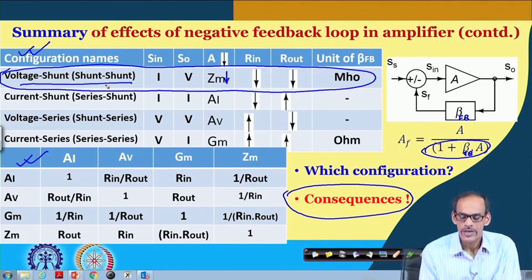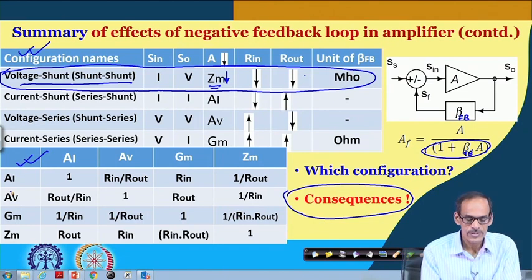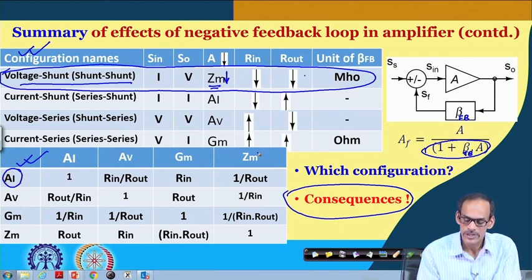Then we need to know how we express those parameters in terms of this Zm and Rin and R out. Here we have a table representing the other parameters, say current gain, in terms of Zm, Rin and R out.